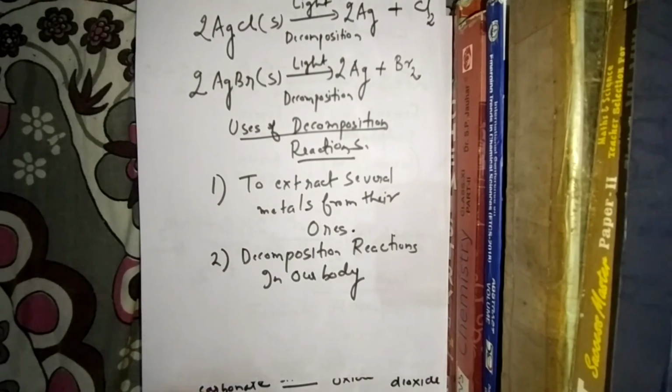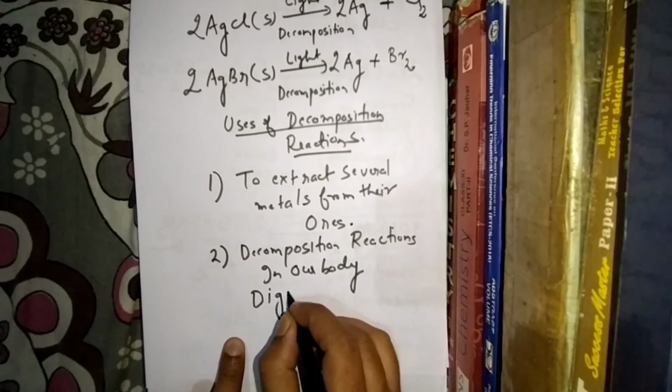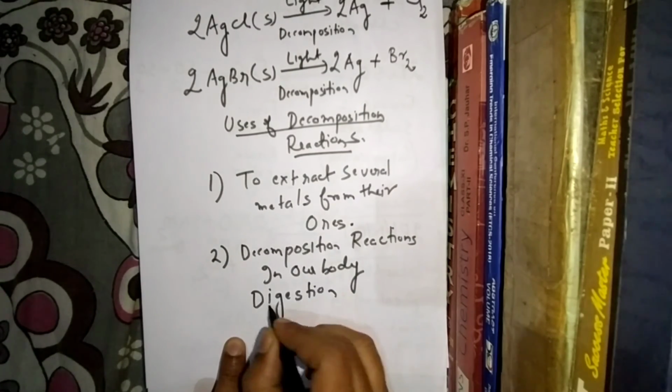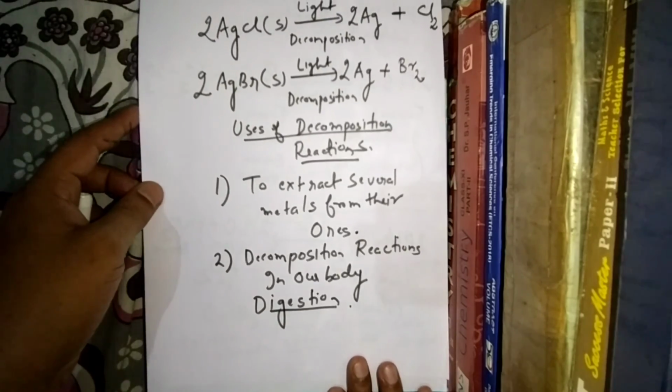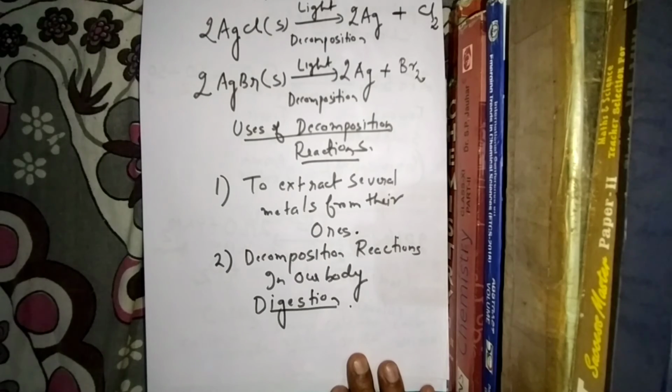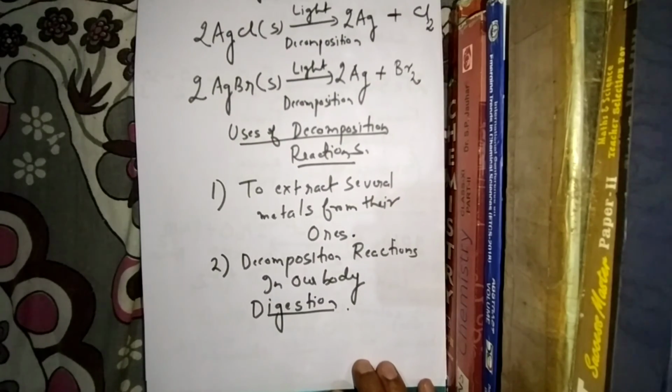आपने डाइजेशन पढ़ा है ना? डाइजेशन क्या है? डाइजेशन में कॉम्प्लेक्स फूड सब्सटेंसेस ब्रेक हो जाते हैं सिंपलर. Digestion is a process in which complex food substances are broken down into simpler substances so that they become soluble. Okay?